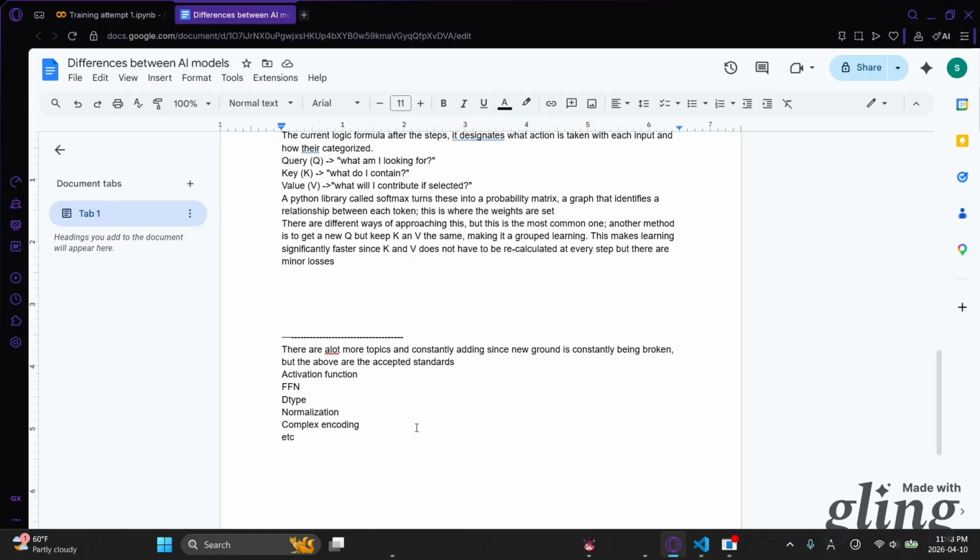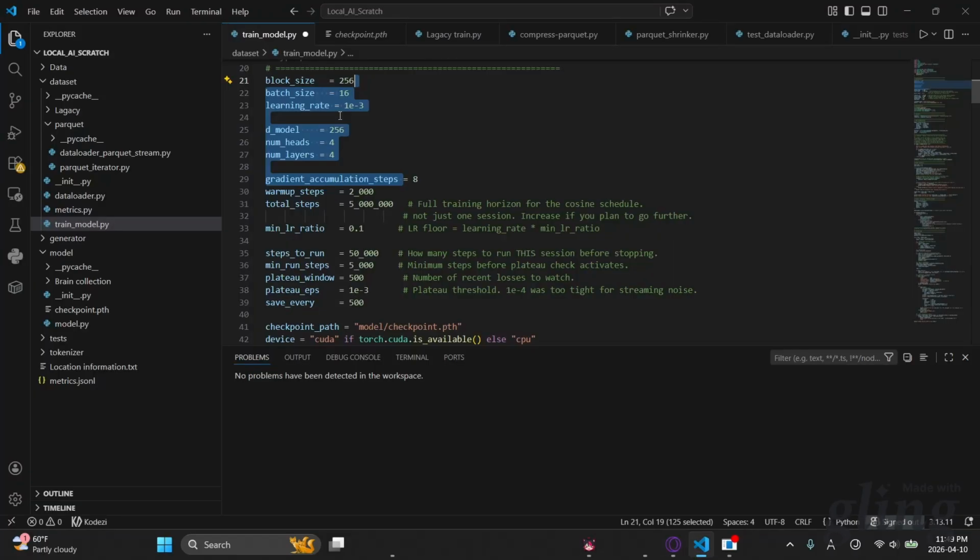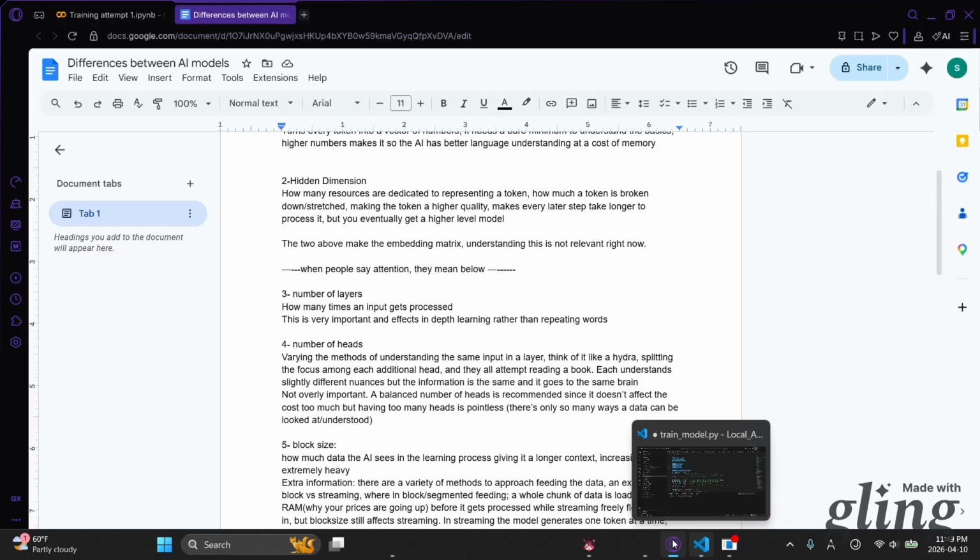Knowing all this stuff is basically enough to know why the models are different from each other, why one model might be considered greater than the other one, because these parameters are bigger. But ultimately it's not entirely just about the knowledge or the size of the PTH file of the brain, because as you can see, there's a lot of factors at every step.